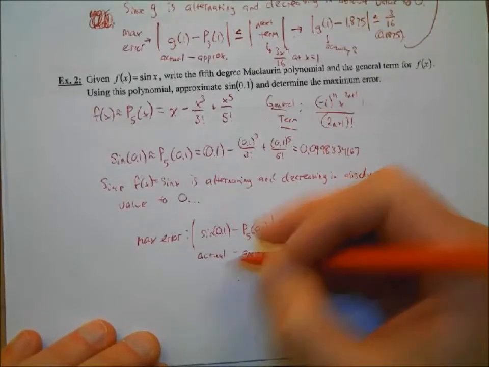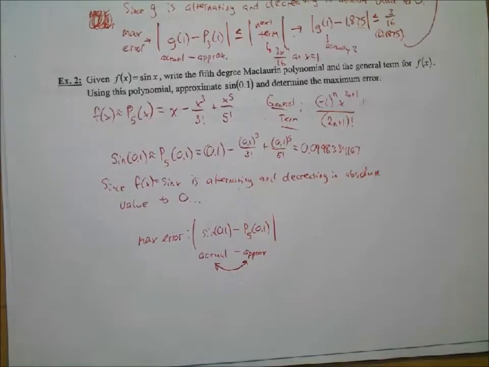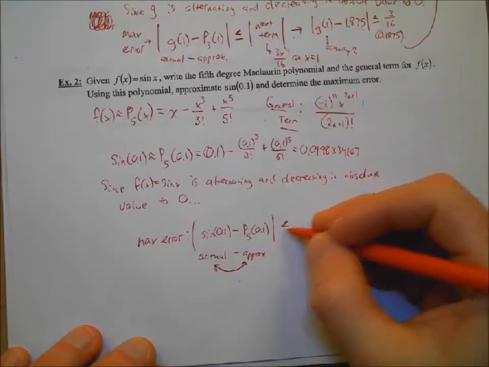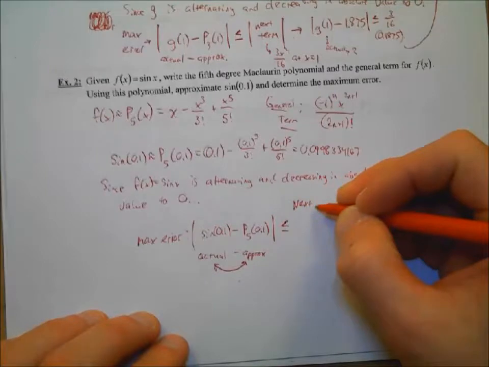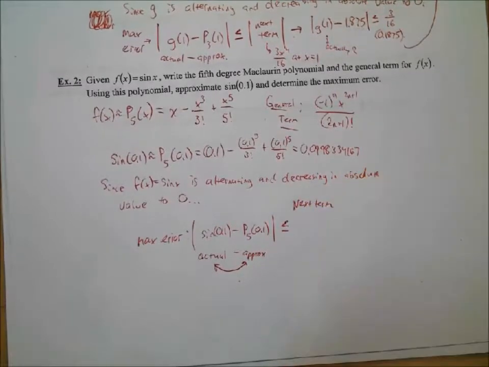But remember, these could be flipped because it's in the absolute value, so you could also say approximate minus actual. In absolute values it'd be the same thing. It's going to be less than or equal to our next term. What is our next term in this situation?